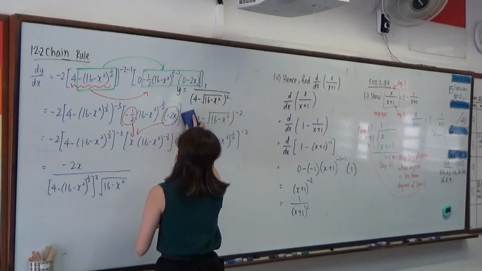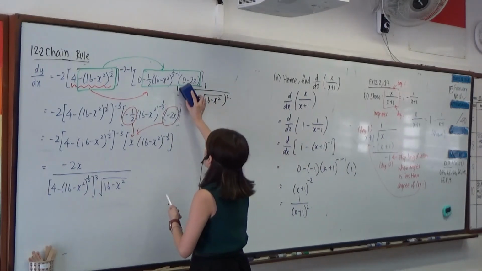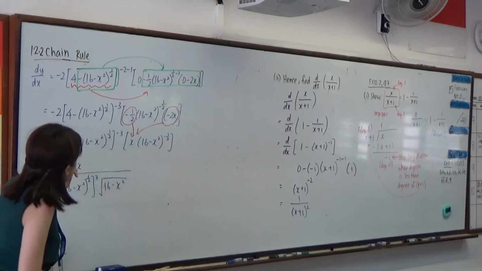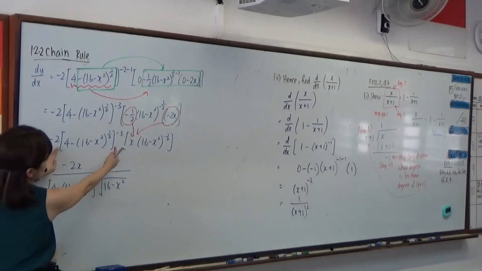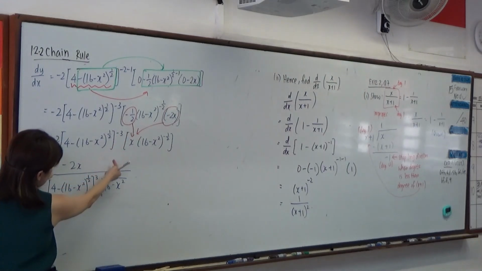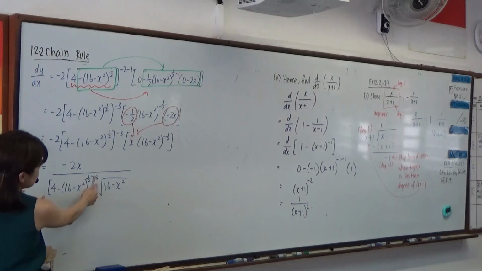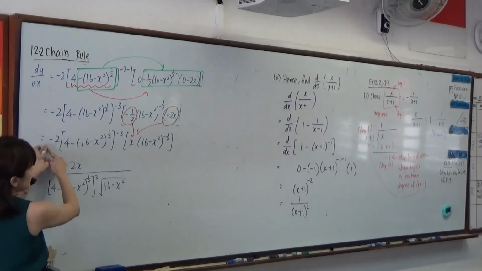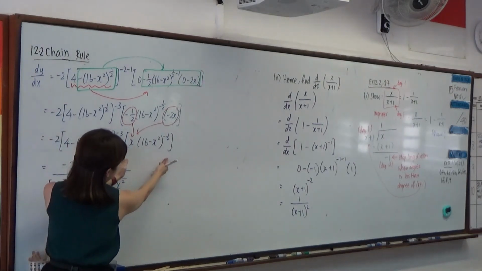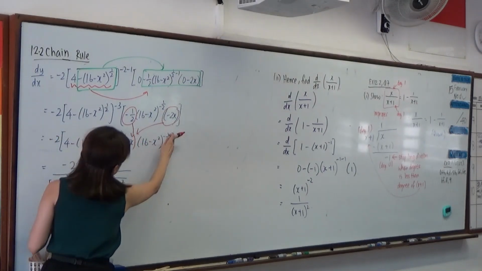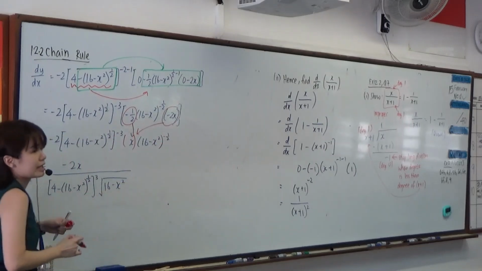I just erase this coloring, but don't confuse ourselves. Okay, so what I did here is that we observe this entire square bracket is power negative 3. Negative powers means that it goes down into the denominator. So that's why power of 3 for the entire set. Then this is actually multiplication, negative 2 times this thing. I can also see individually as times x times 16 minus x squared to the power negative half.